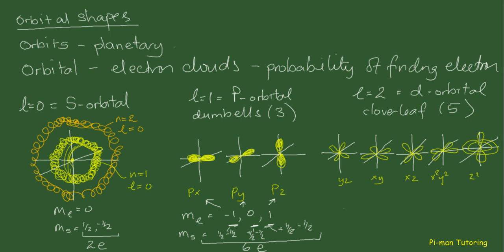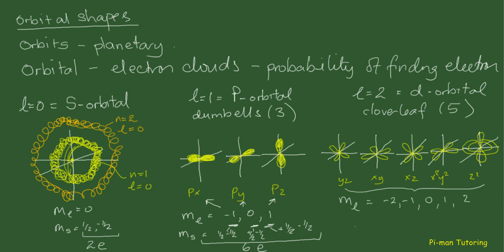So those are the 5 different ML values that originate from an L equals 2 quantum number. Remember, ML varies from -L to +L, so we have a -2, a -1, a 0, a 1, and a 2. And those are our 5 orbitals shown here.